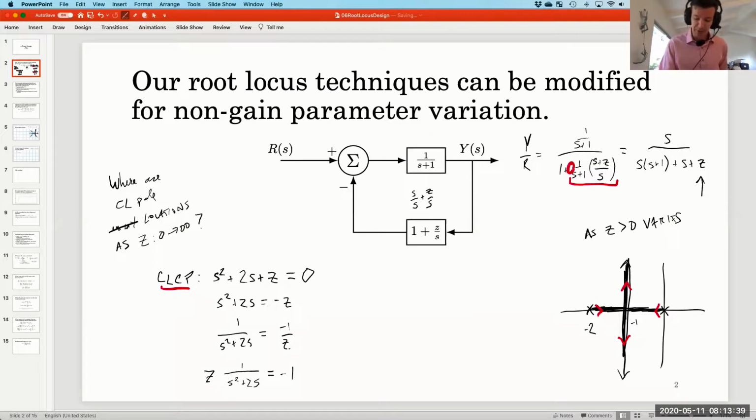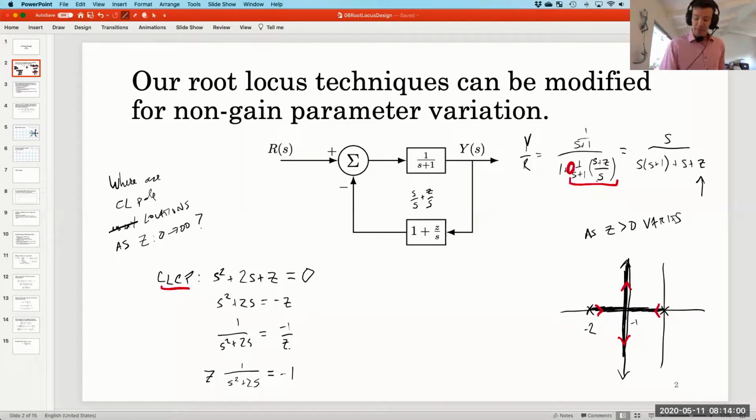It was always 1 plus k times g times h, where k was the thing to be varied. I don't care if you call it k, you could call it z, you could call it whatever, not s, but we don't have any of those letters out front. In fact, the z, the thing that is being varied, is buried inside of this expression in s.